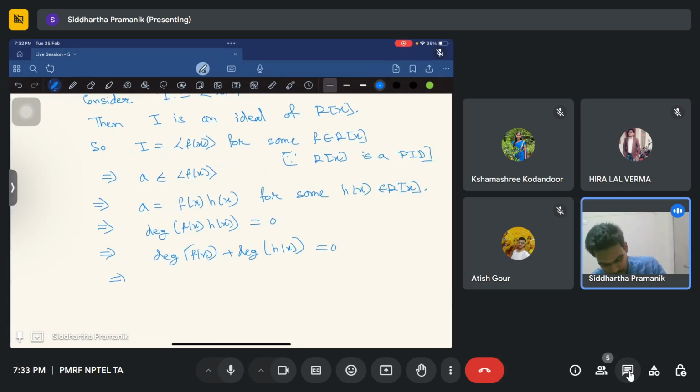That means the degree of f(x) is 0, and so f(x) must be a constant polynomial. So let's say f(x) equals d for some d belonging to R.